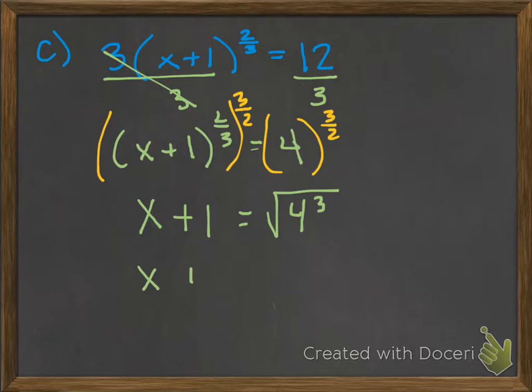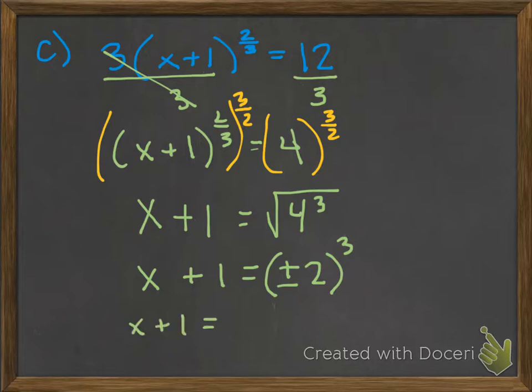And remember, we talked about the different ways to evaluate. I could have raised 4 to the 3rd power and then taken the square root of it, or I could take the square root of 4 and then cube my answer. So if I did the square root of 4, the square root of 4 is plus or minus 2. But then I still have to raise this to the 3rd power.